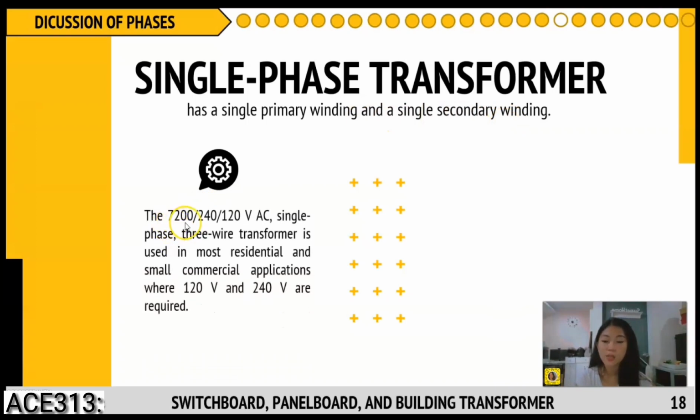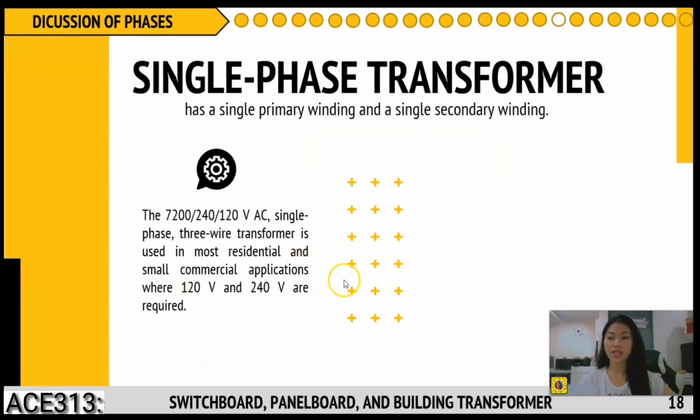The 7,200, 240, and 120 volts alternating current single-phase 3-wire transformer is used in most residential and small commercial applications where 120 volts and 240 volts are required.